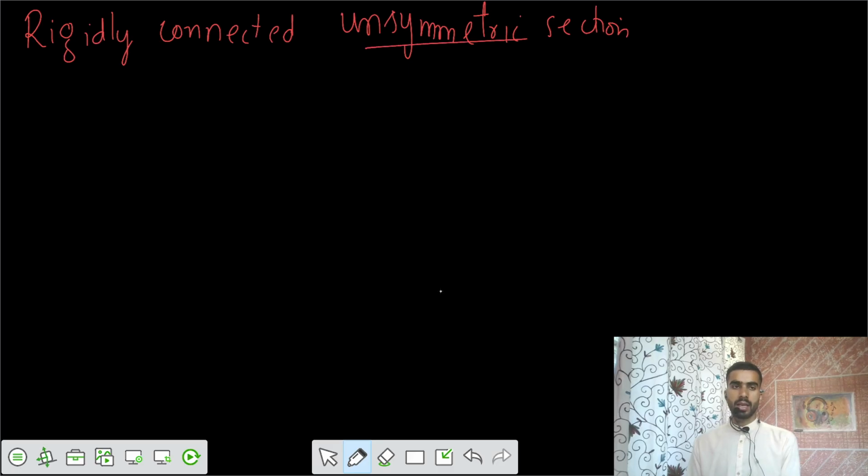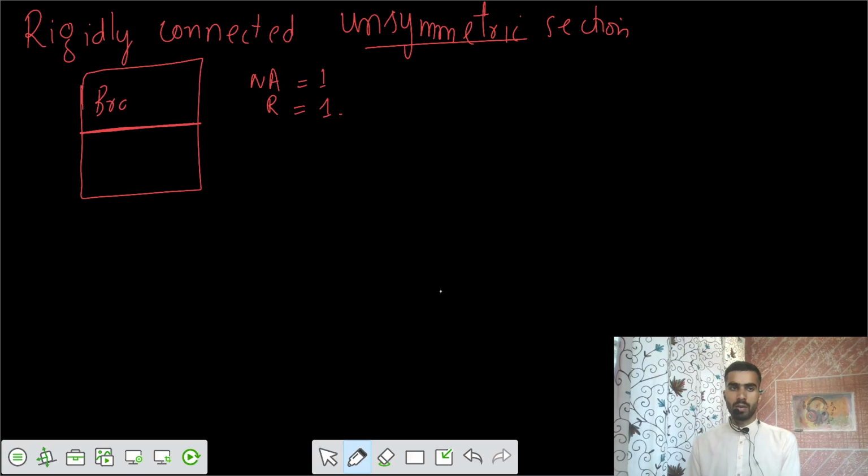Unsymmetric means you have two different materials, but they are connected rigidly. That means they have the same neutral axis. The neutral axis is only one, or the radius of curvature is only one, but the materials are different. One is brass, the other is steel. The depth is 10 mm, similarly 10 mm, and the width of the section is 40 mm.